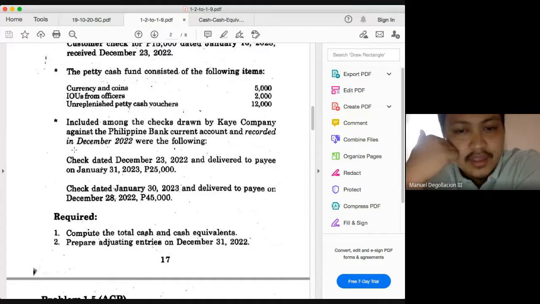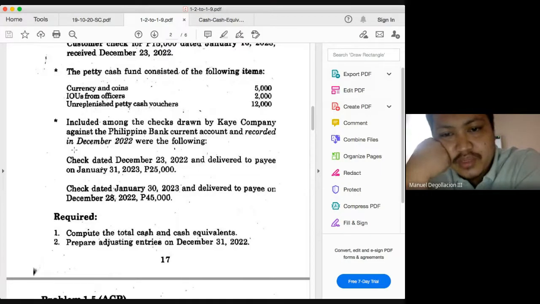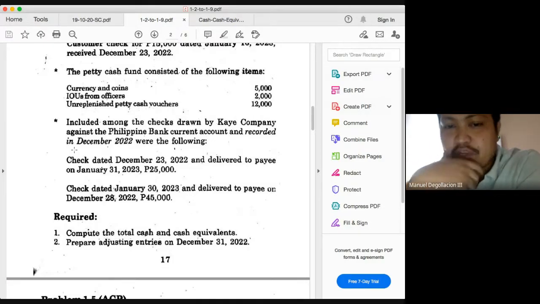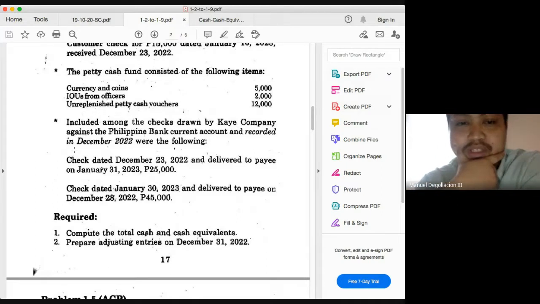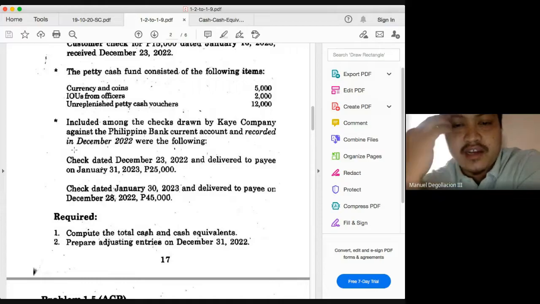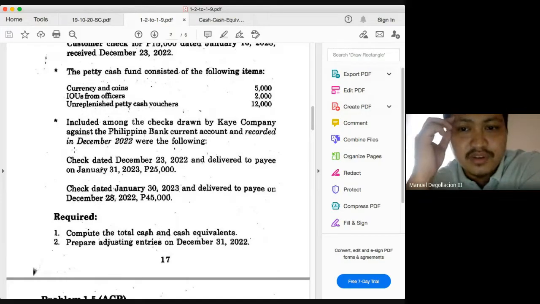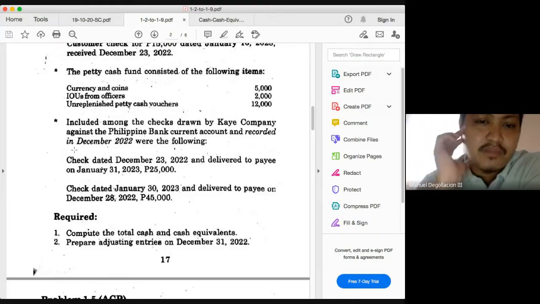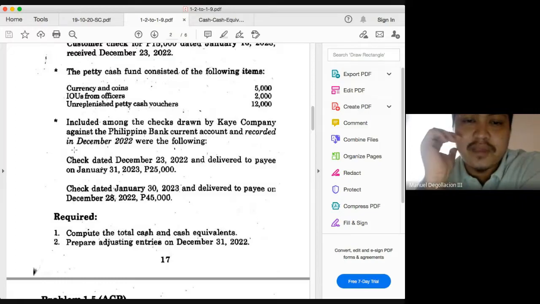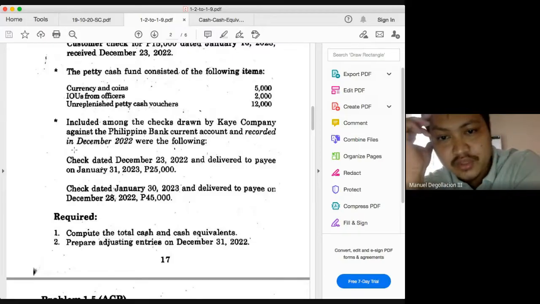Next, a check dated January 30, 2023 and delivered to the payee on December 28, 2022. Since this was recorded as a payment in December 2022, it was already treated as a deduction to our cash balance. But was it correct to reduce our cash balance in 2022 for this check? The answer is no, because even though it was already delivered, it could not have been charged against our bank account, since the check could only be encashed on January 30, 2023.